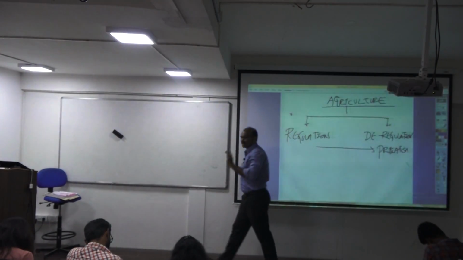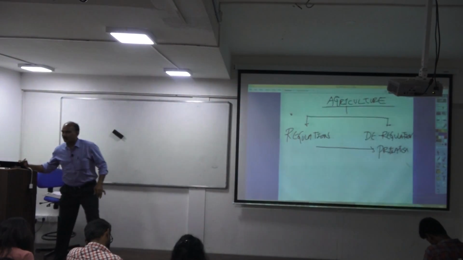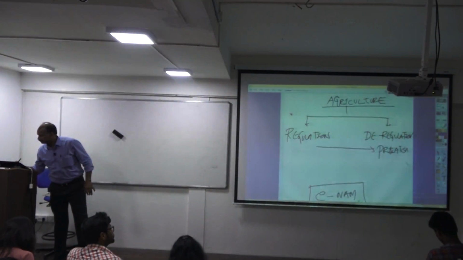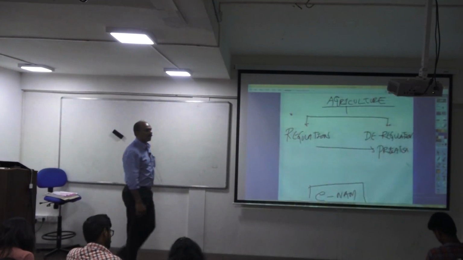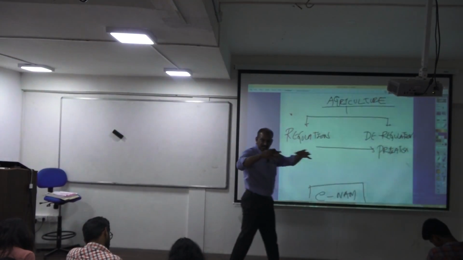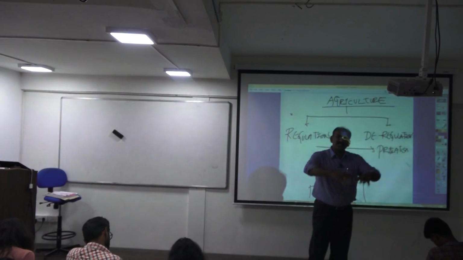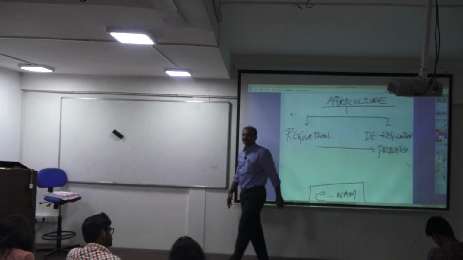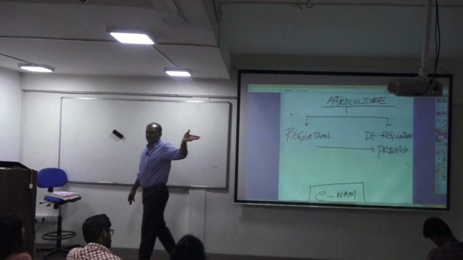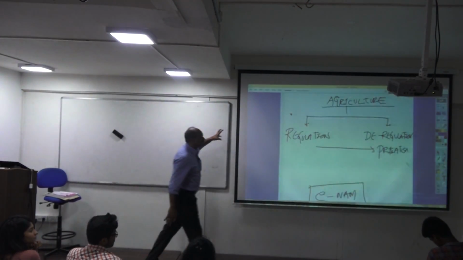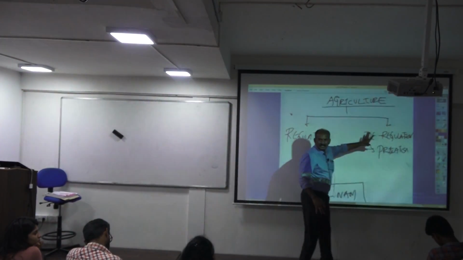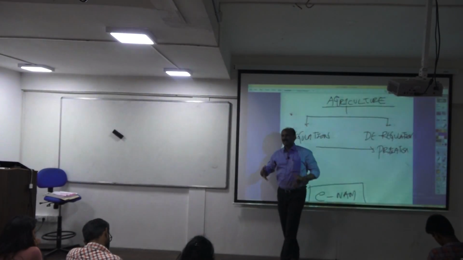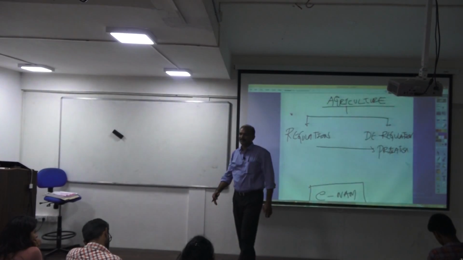One of the major steps is the establishment of ENAM, that is the National Agricultural or Common Agriculture Market, which is electronically connected. So how are you connecting regulation with deregulation? Through ENAM, how are you going to increase the farmers' income?